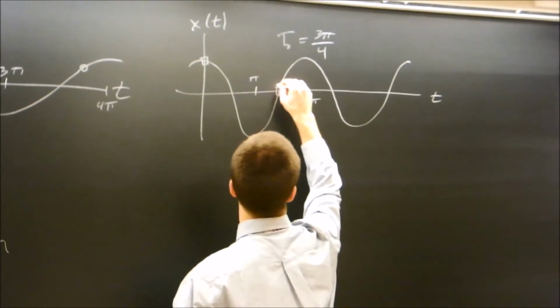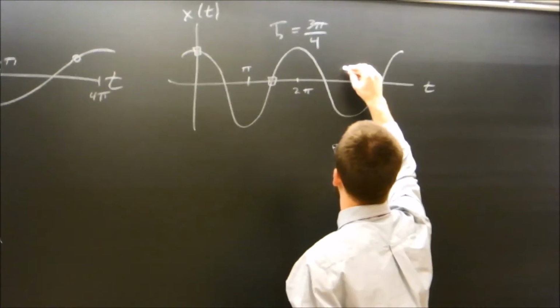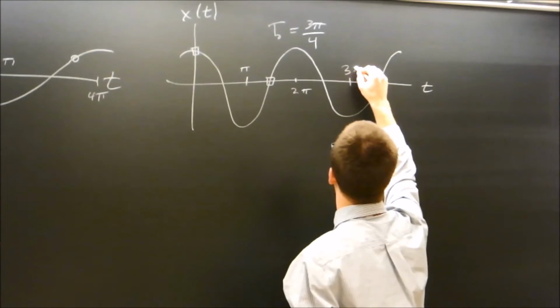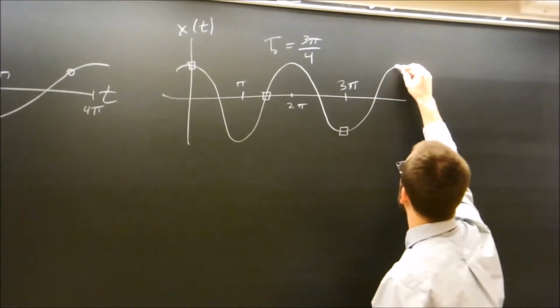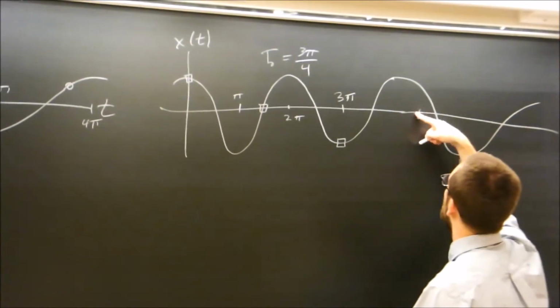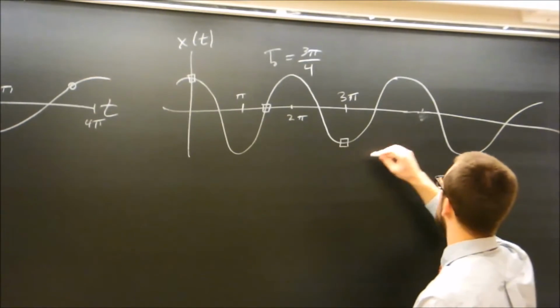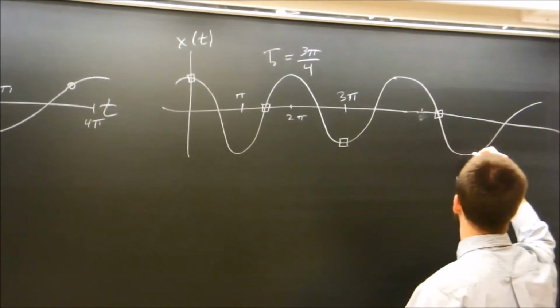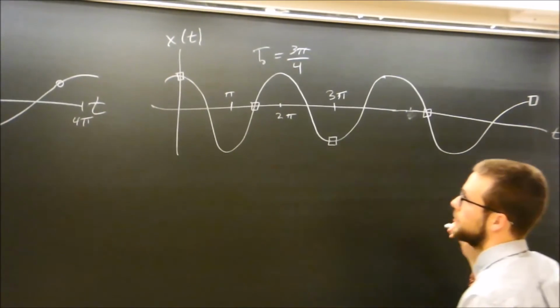My first sample is here, and then another 3 pi over 4 is going to be at 3 pi, and continuing the signal on, the following will be here, and then up here, back at a value of 1.